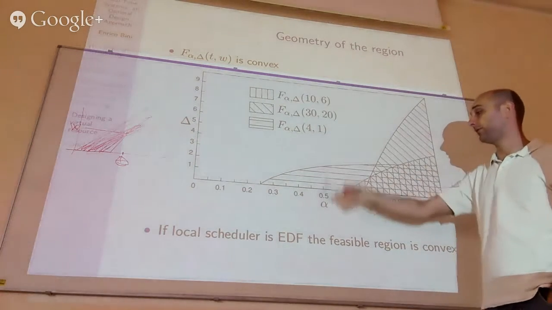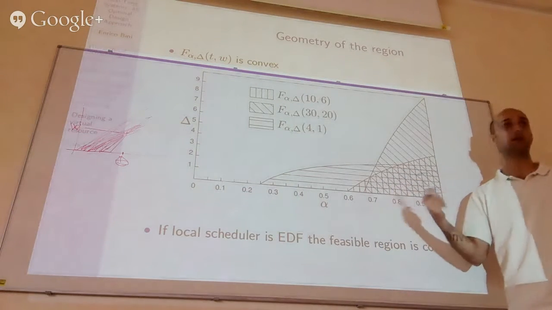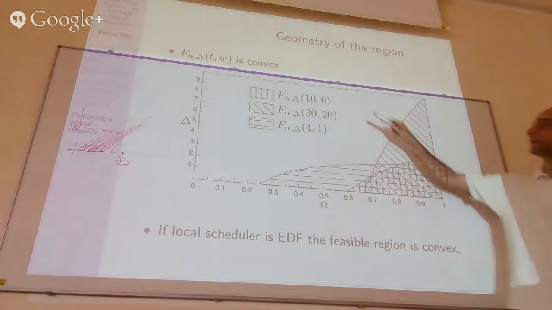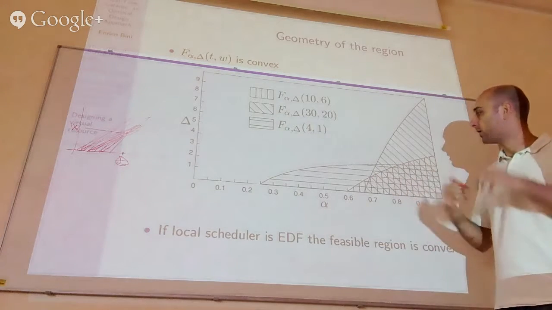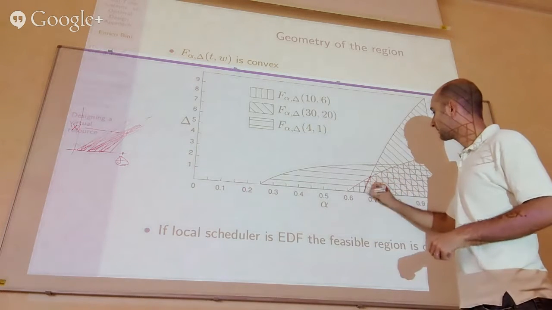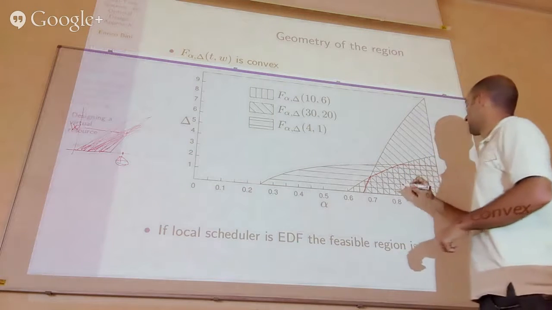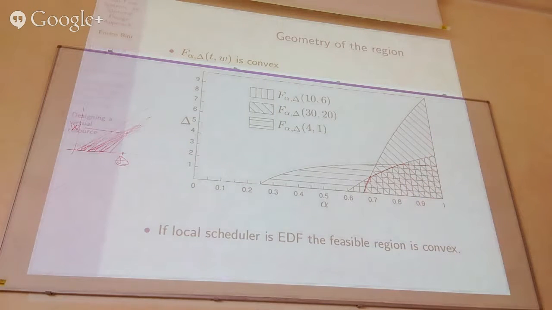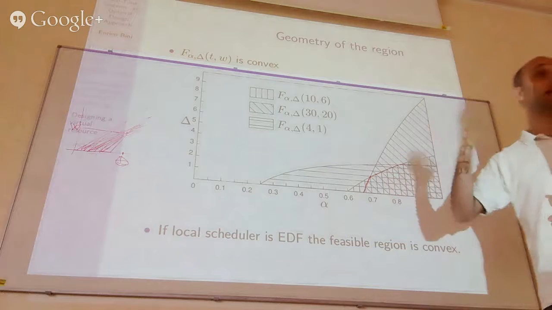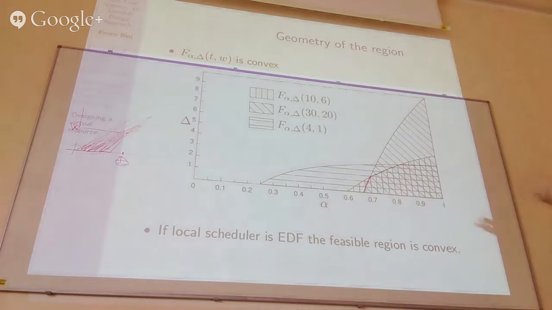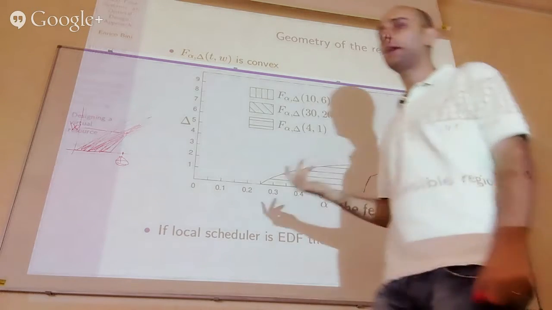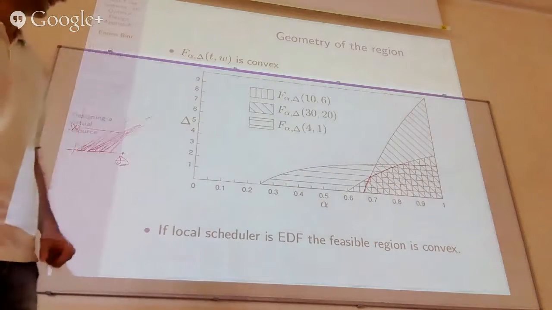Since each region is convex, the overall resulting region is convex. Let's say these are deadline DBF pairs; making the intersection, you get this, an intersection of convex regions, which is also convex. So you could use convex optimization to find the optimal alpha and delta with EDF. With fixed priority, since you also have the union, the region is not necessarily convex.